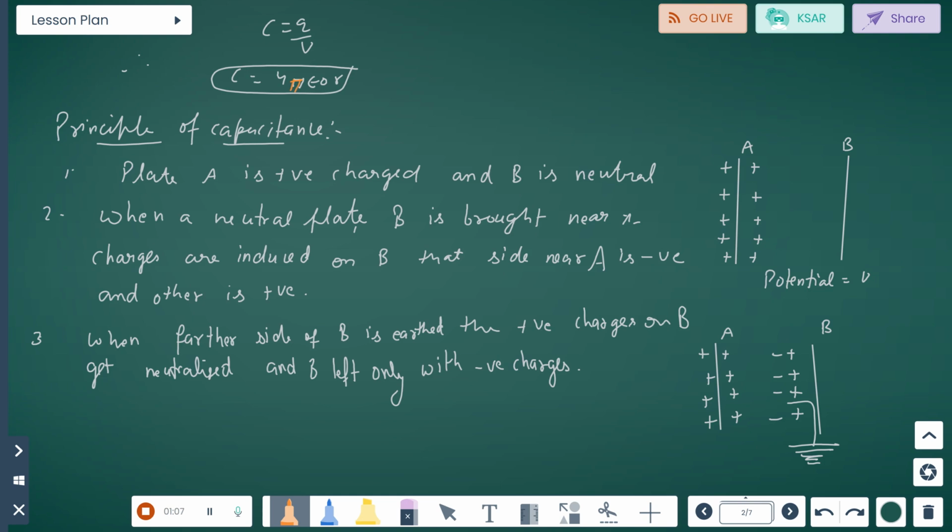Now the principle of capacitance. First, plate A has positive charge and B is neutral.